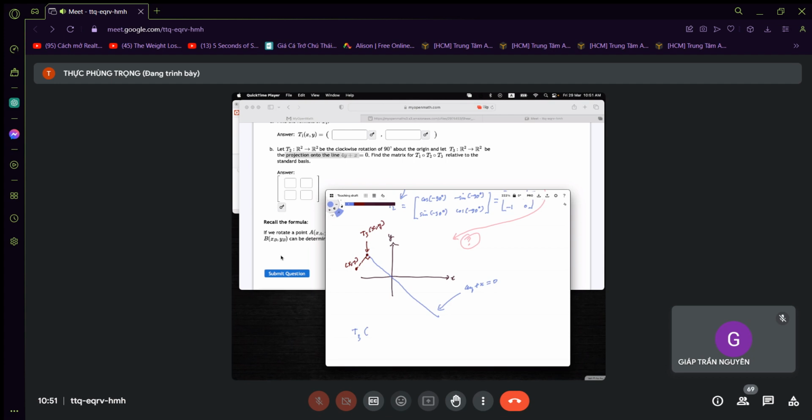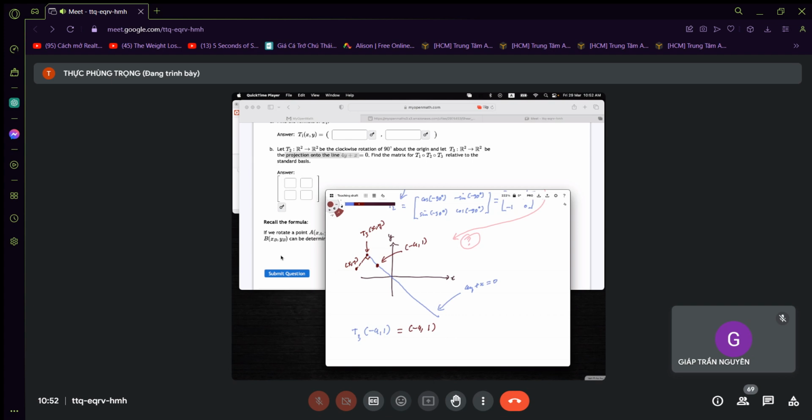The first one I see is that I may consider this one, (-4, 1), because it's right on the line, right? If you consider T3 of (-4, 1), you get exactly (-4, 1) because the projection is still the same point, right? Yeah, the projection right here is exactly the same point.